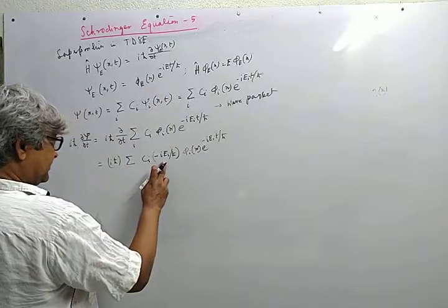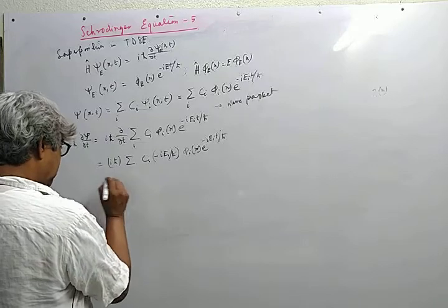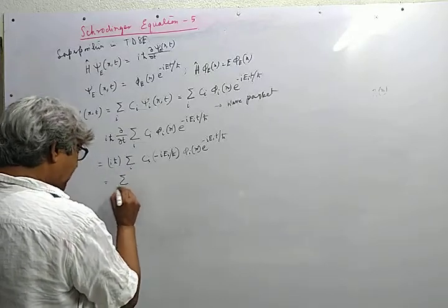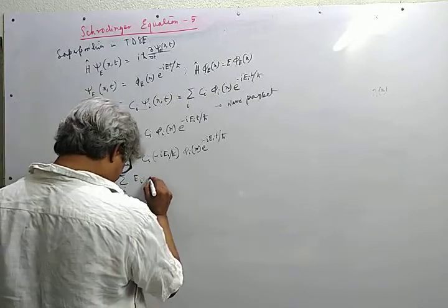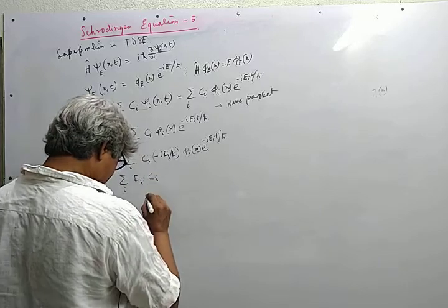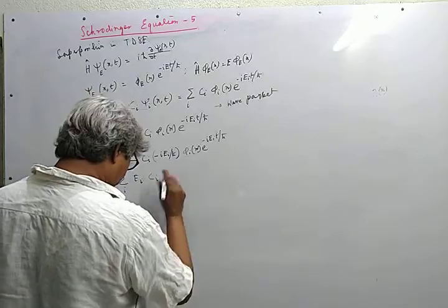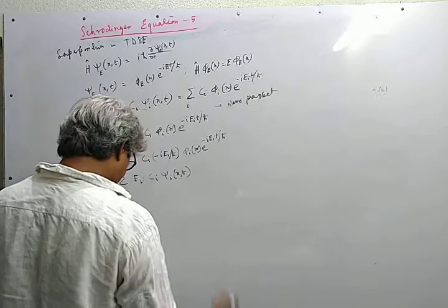So if we take this out, this h cross goes, this is plus, no factor is there, summation over i. And the whole thing is psi i of x,t.